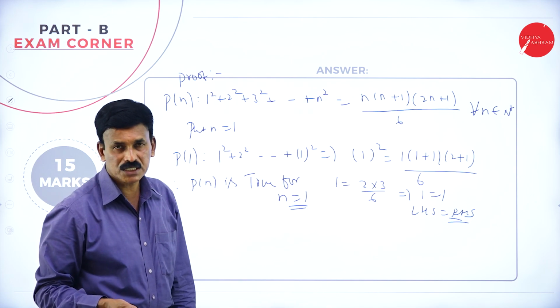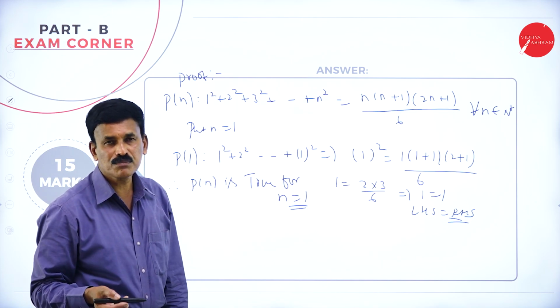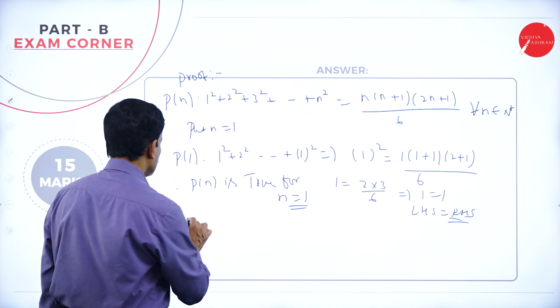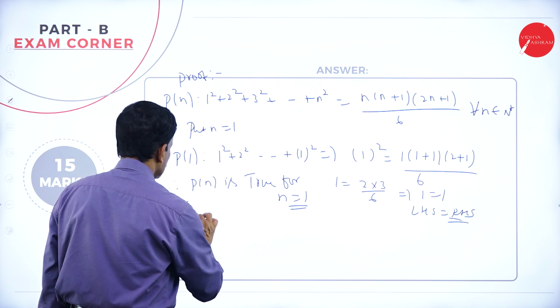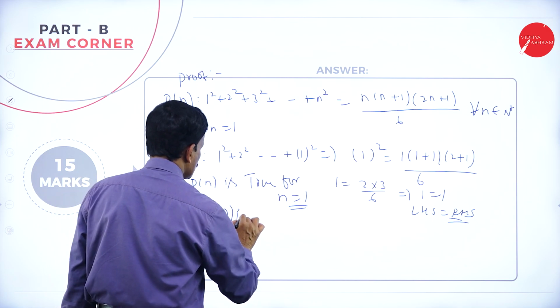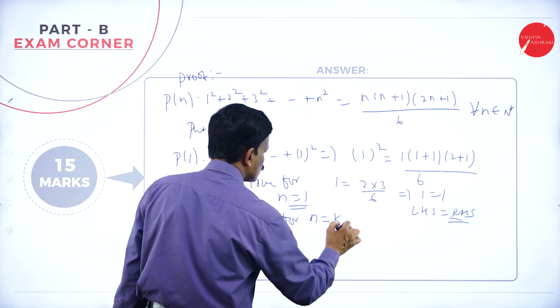Now, let us prove the induction step. This was the basic step, and the induction step is to prove that the statement is true for some positive integer n is equal to k. P of n is true for some positive integer n is equal to k.